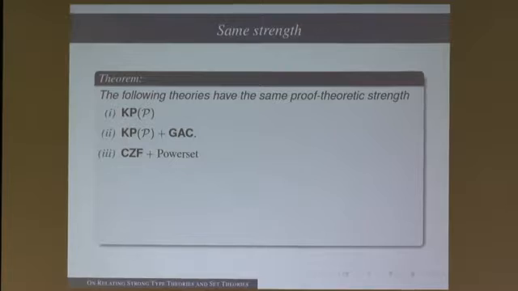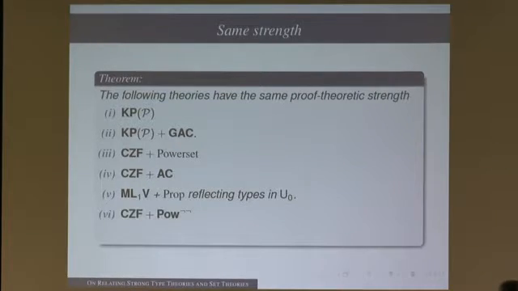It's of the same strength as CZF plus power set, and interestingly, it's of the same strength as this particular type theory here, where you have one universe, you have the type of trees over this universe, and you have the prop, where prop reflects types just in U0. Okay, and there's also something about negative power set. And so the exact strengths of all of these theories coincide.